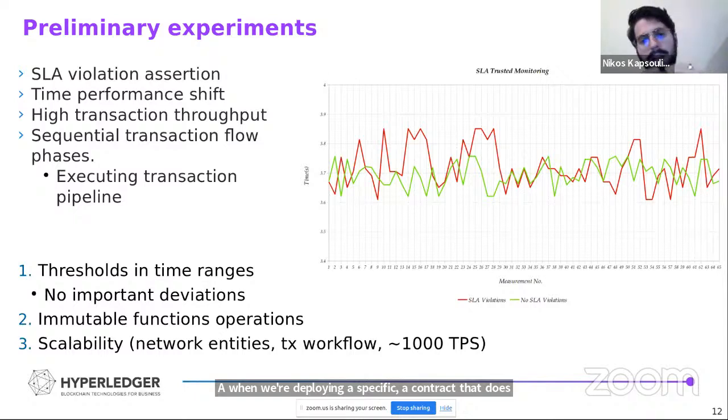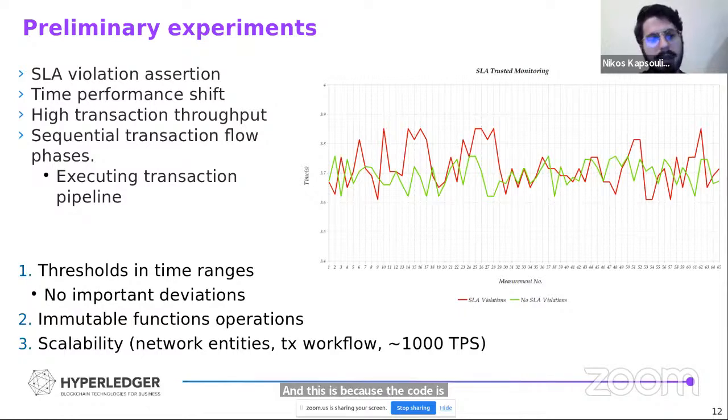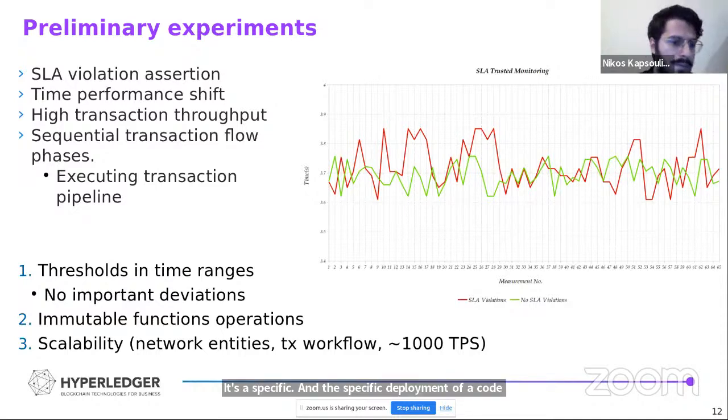And we're talking about the enclave monitoring and the enclave comparison. And this is because the code is standard, in the sense that it's determined, it's specific, and the specific deployment of a code will end up with specific and individual time constraints and performance, in the measurement of the time.